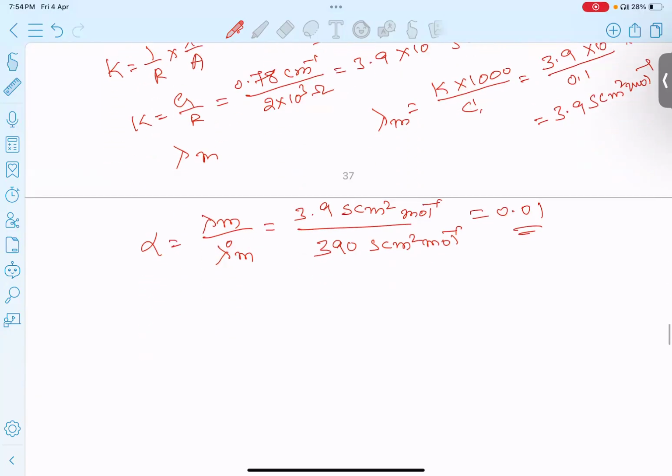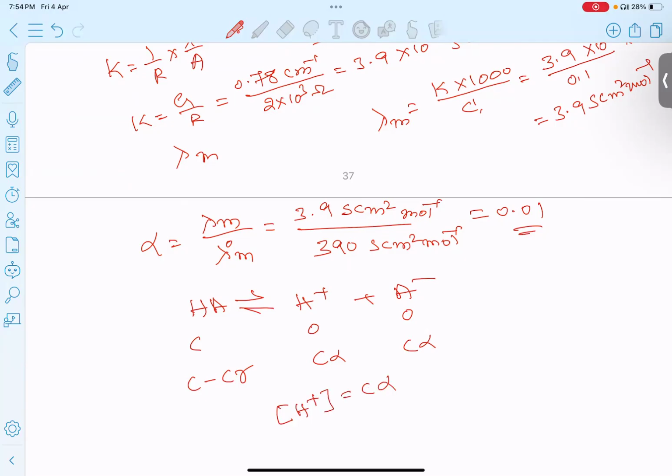So that is the degree of dissociation. For weak acid HA, it gives H plus ion and A minus ion. Initially the concentration is C, and the concentrations of H plus and A minus are 0. After dissociation, C alpha molecules of HA dissociate to give C alpha H plus and C alpha A minus. Therefore, the concentration of H plus ion is C alpha.